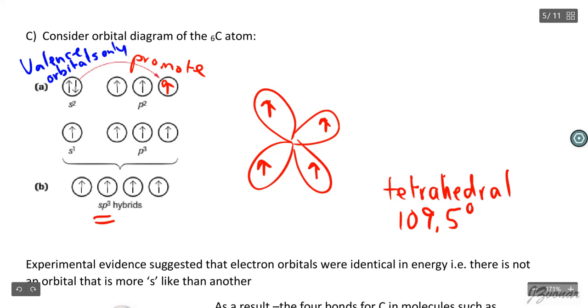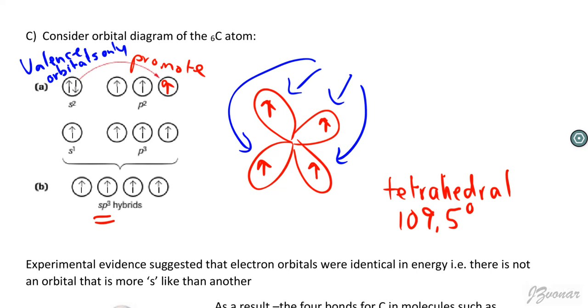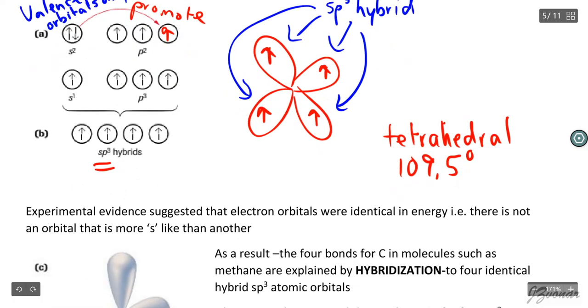Once again, if you were asked to label these hybrid orbitals, you would have to call it an sp3 hybrid, just like you would have to call the one for boron sp2 hybrid, and for beryllium it's an sp hybrid. So you need to know the names of these hybrid orbitals, and you also need to know their shapes, how they are represented.